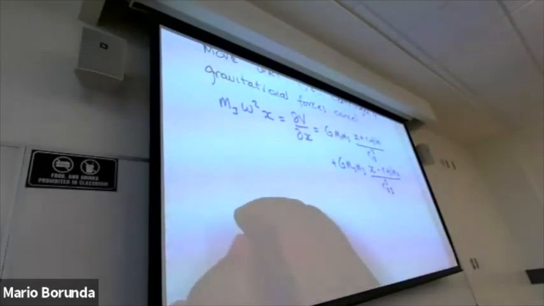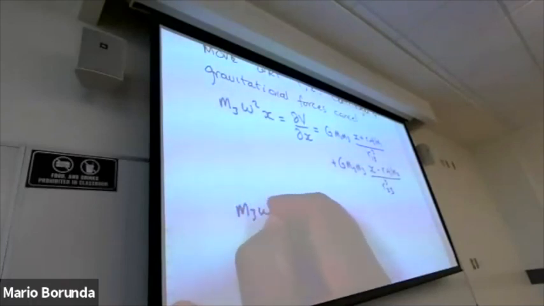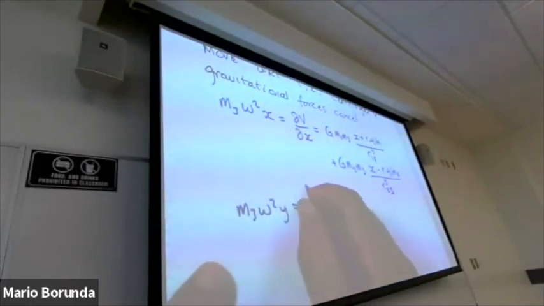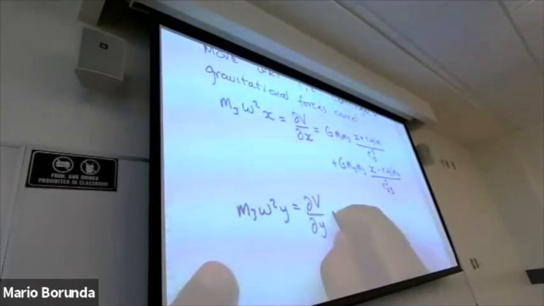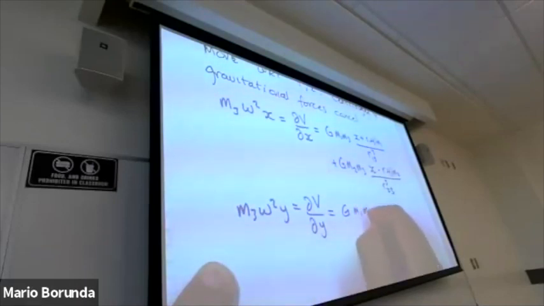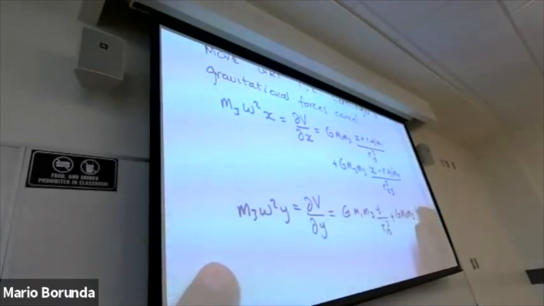We also have another one for the y, which is equal to this one right here. And we actually have m1 and 3, y over r_12 cubed, plus the other term m2 and 3, y over r_23 cubed.